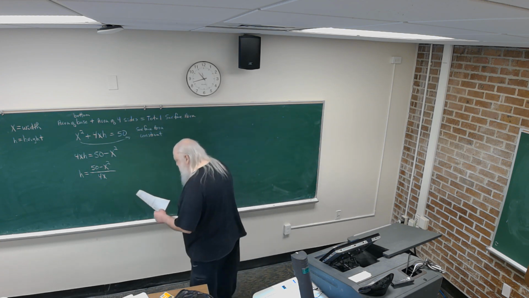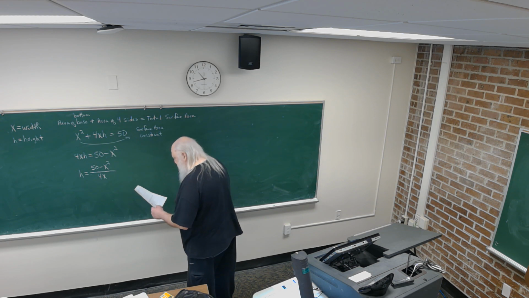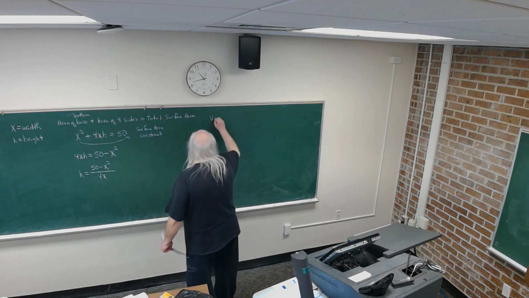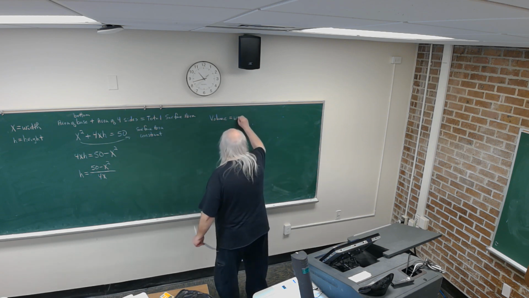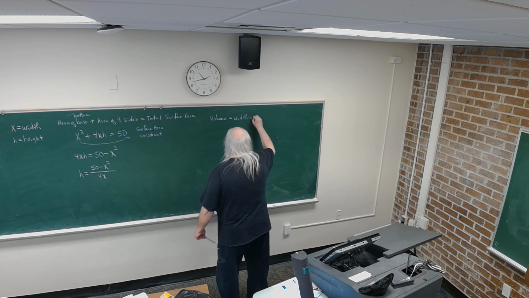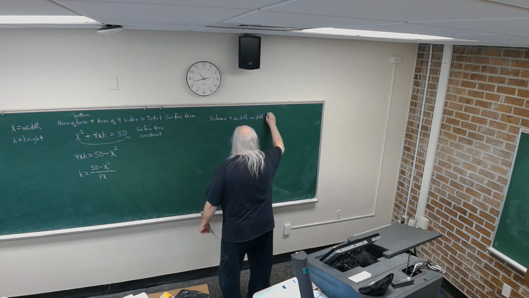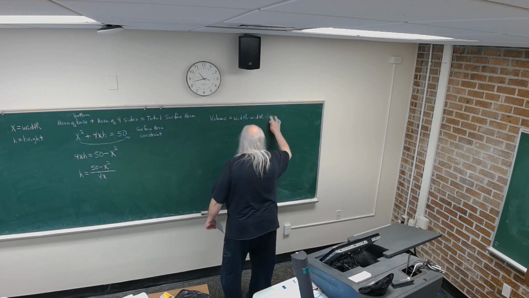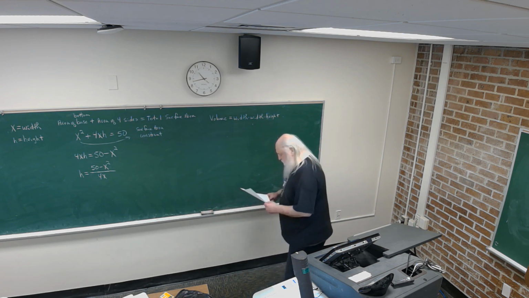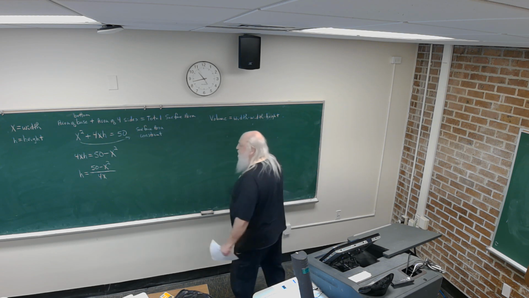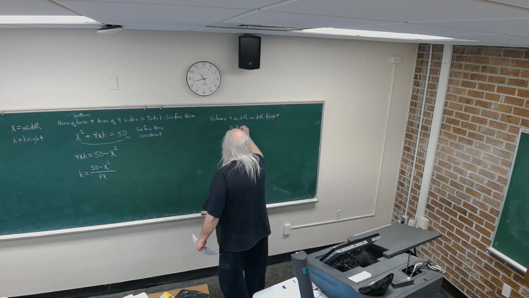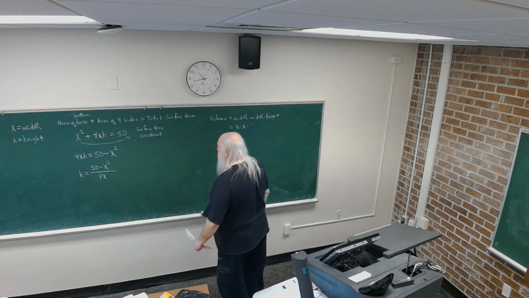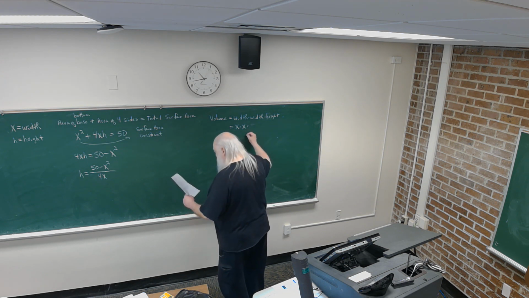Well, we have to express the volume of the box as a function of x. You know volume in this case is equal to width times width times height. Well, width is x. And the height, h, let's do it in steps.